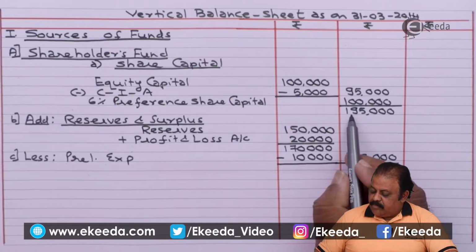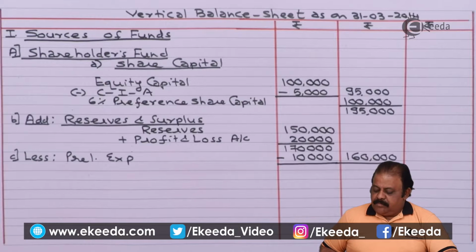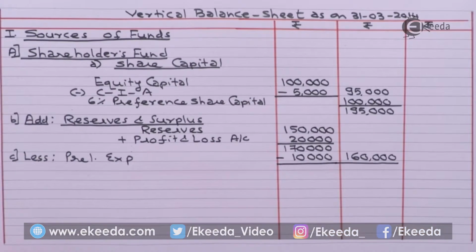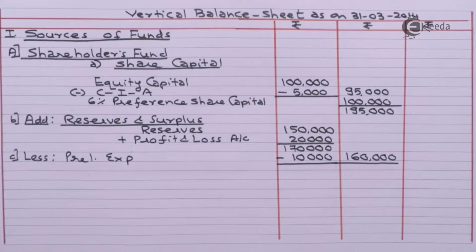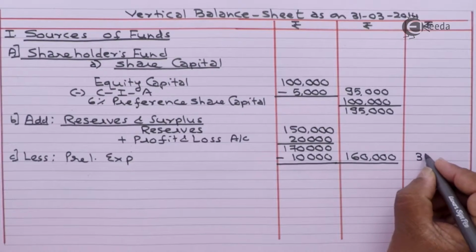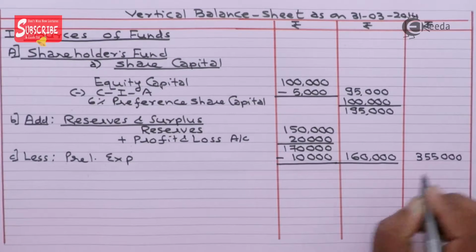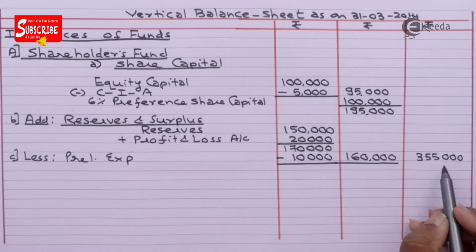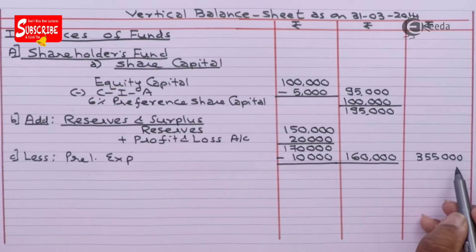Share capital paid up 1,95,000 plus reserves and surplus 1,60,000. So shareholders fund we got 3,55,000.